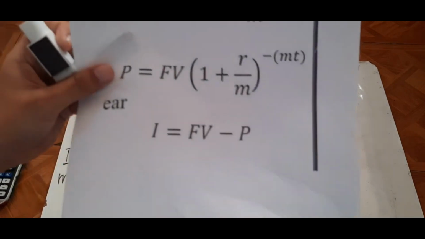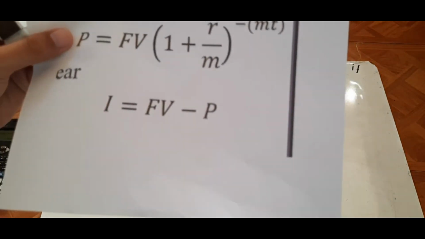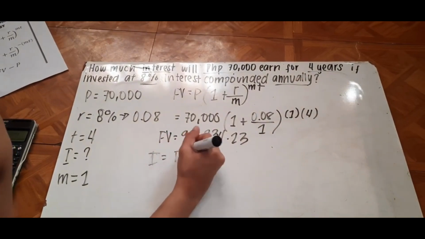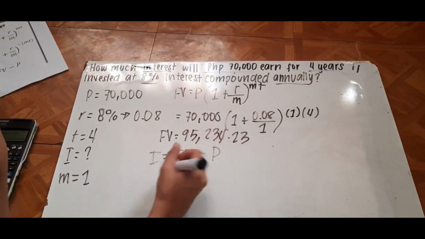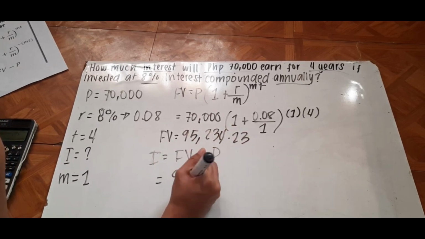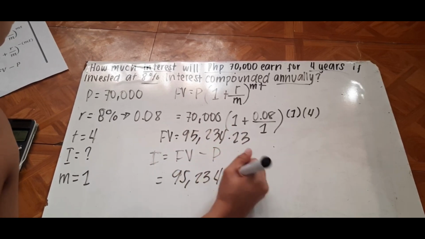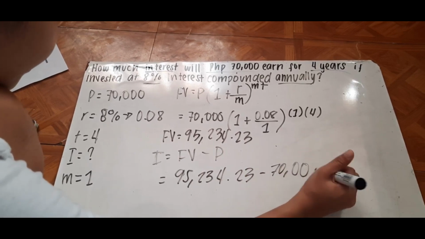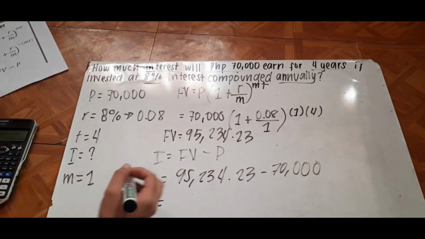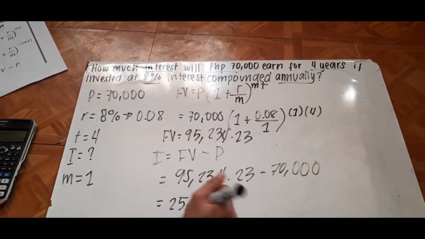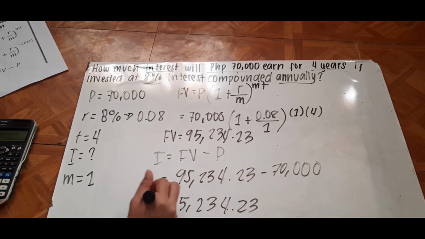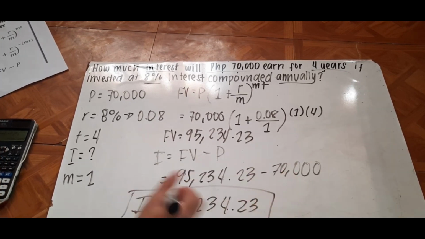And the formula for interest is I equals FV minus P. So that would be 95,234.23 minus 70,000. And the answer would be 25,234.23. So this is the final answer.